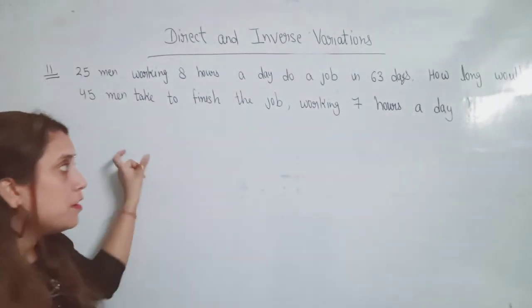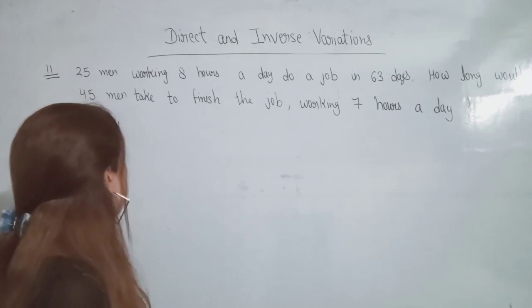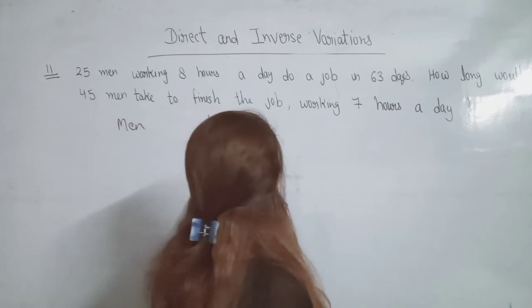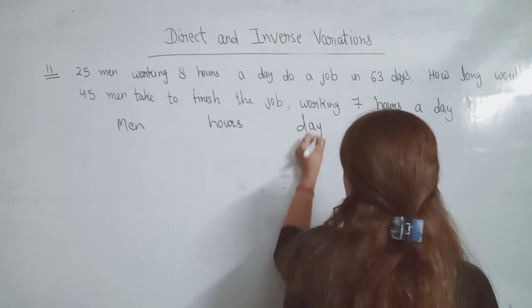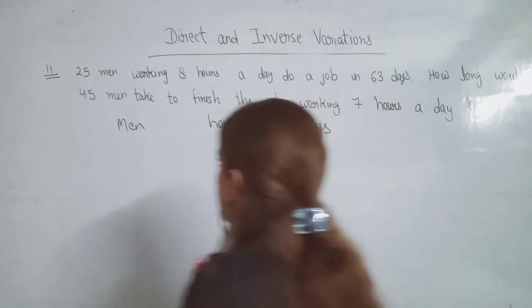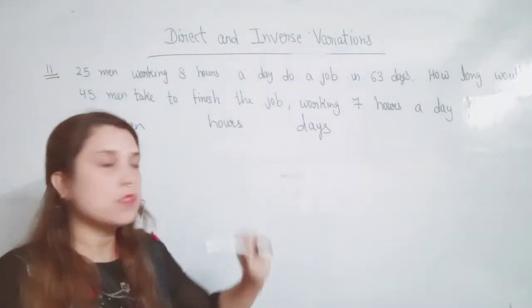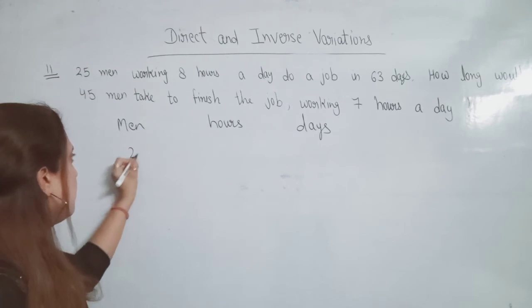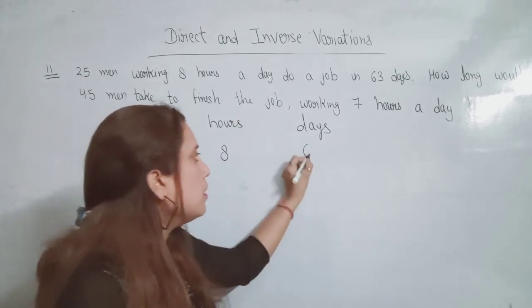Okay beta, so first we write down the quantities. What is given? Number of men, then hours, and number of days. The question is asking about days, so let the number of days be x. Now what is given? 25 men, 8 hours and 63 days.